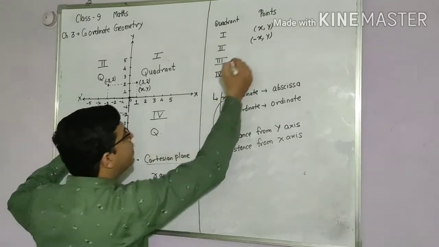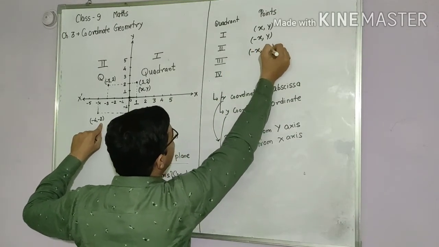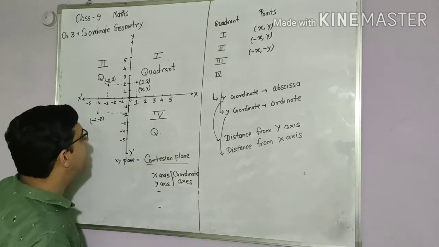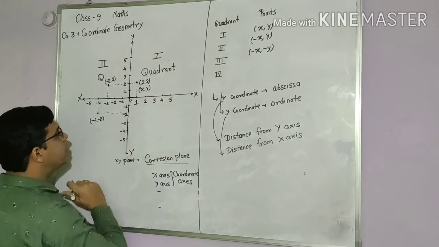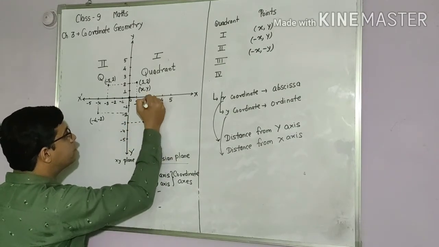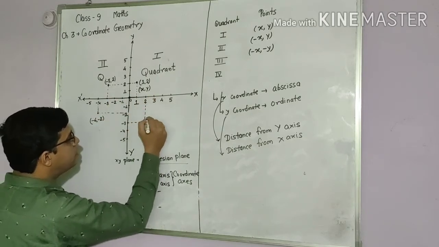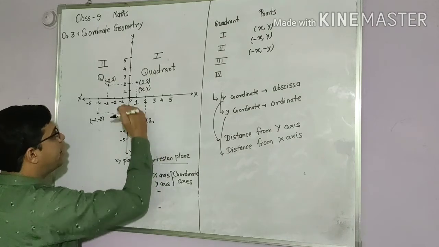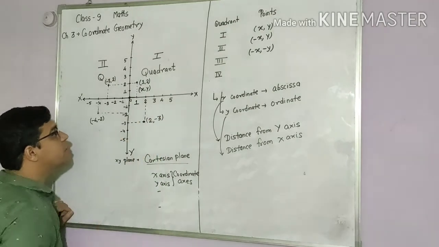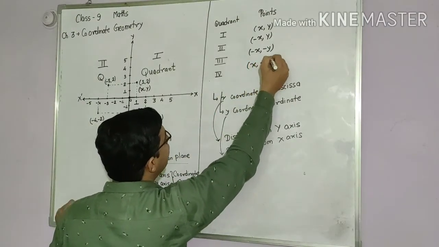So in third quadrant, x is negative and y is also negative. And in fourth quadrant, suppose I am taking this point, then here this is positive, right side 2 units, and this is downwards -3. So positive x, negative y.